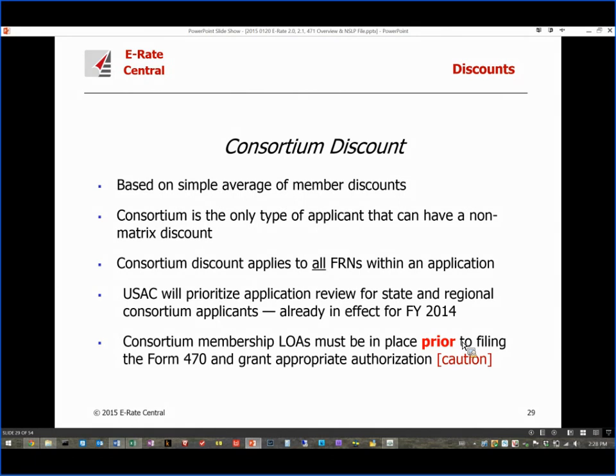If that is even the slightest bit of a problem, you should make sure that you look at your existing LOAs and see, in fact, if they give you the authorization to procure on behalf of the entities included in your 470.